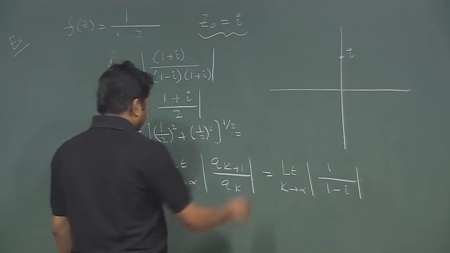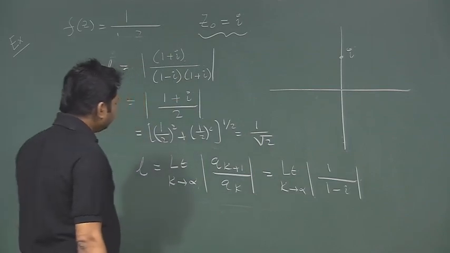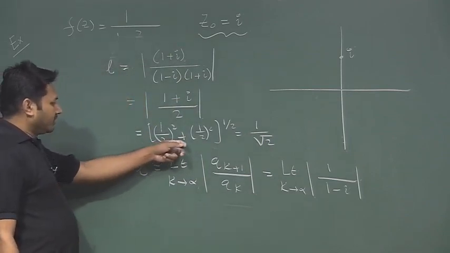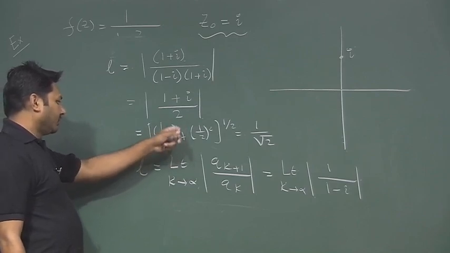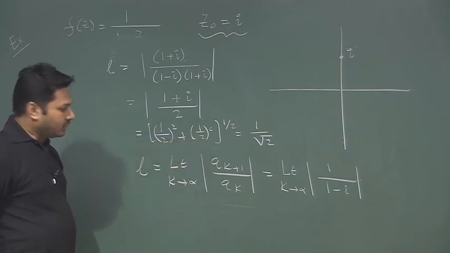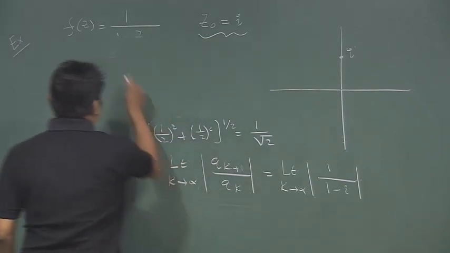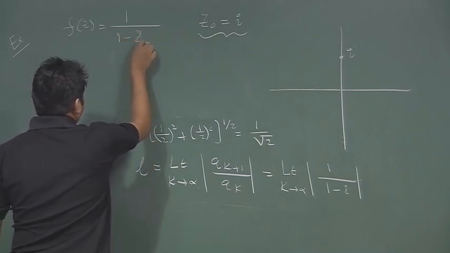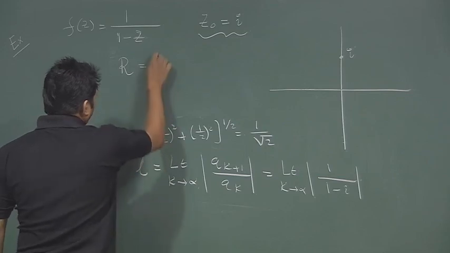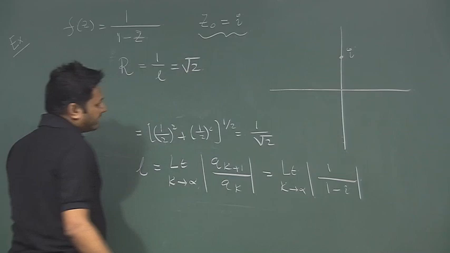So, it is just 1 by root 2, right. 1 by 2 square is 1 by 4, plus 1 by 4. So, 1 by 4 plus 1 by 4 is 2 by 4, so half. So, 1 by root 2. So, what is my radius of convergence here? R, radius of convergence, is 1 by L, which is equal to root 2.